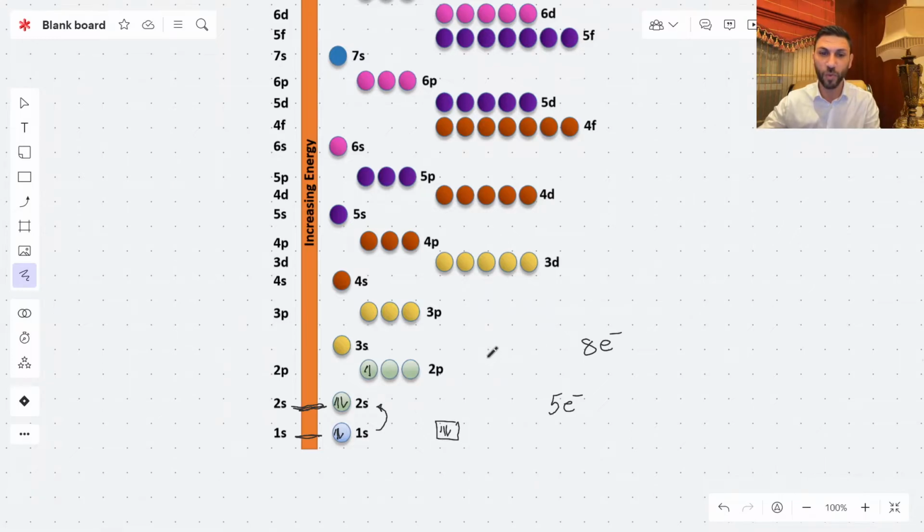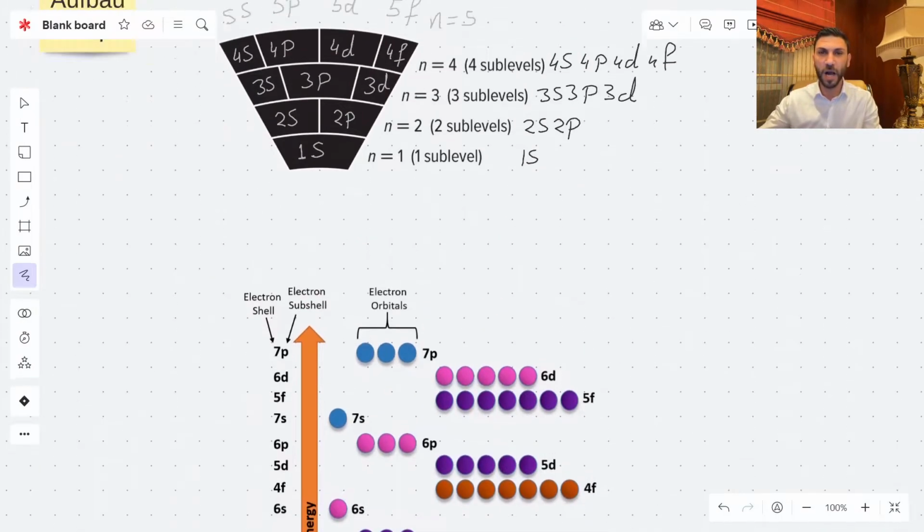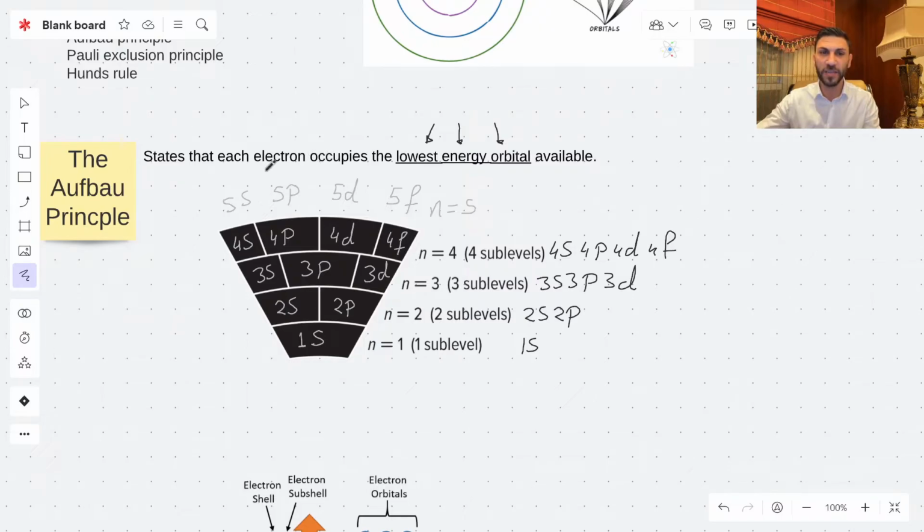We still have 4 electrons, so I can put the 4 electrons in 2P. As you remember from the first video, we put them single, single, single, and then we double them, but with the opposite spin. That is 1, 2, 3, 4, 5, 6, 7, 8. Again, the Aufbau principle says that the electron should occupy the lowest energy available.